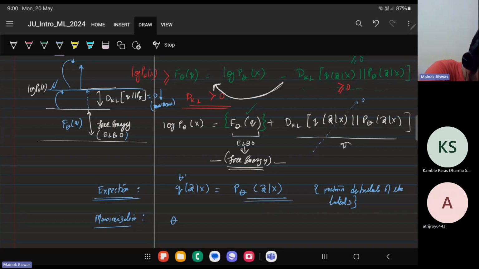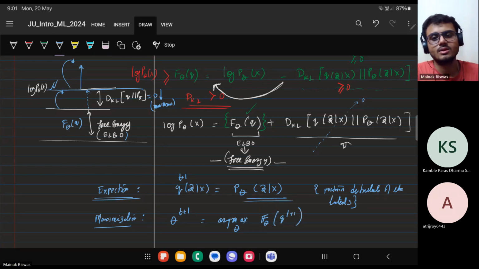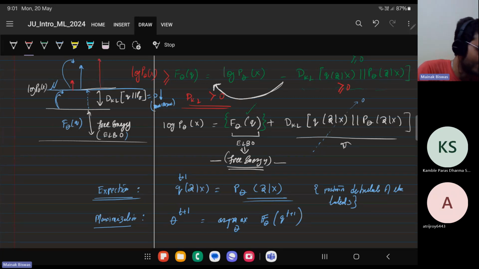I will name this t plus 1, and I will say theta t plus 1 is arg max over theta of f theta with q t plus 1. Whatever maximizes this will guarantee that you go up. So f theta now reached here, and you made your f theta go even further, so the likelihood log p theta went up even further.